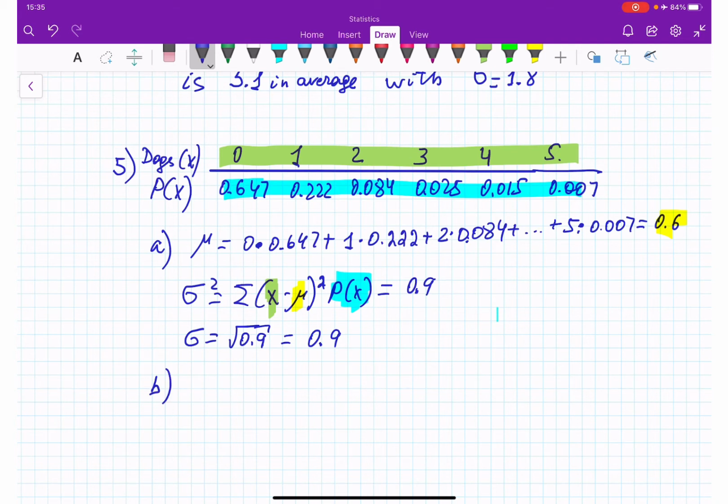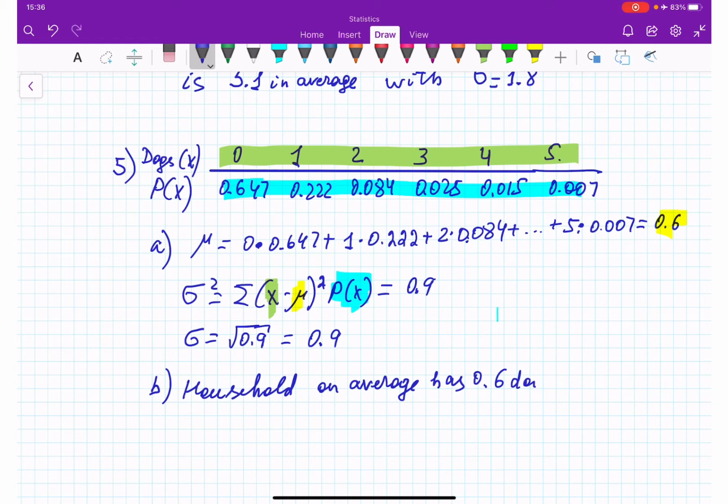And in the B question, do the interpretation. So, we already know, right? The average household on average has 0.6 dogs.